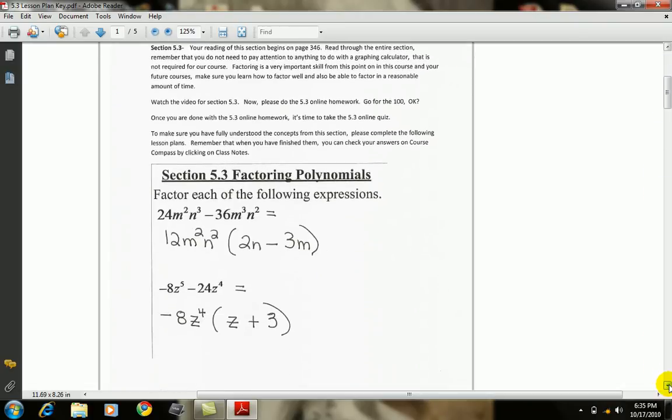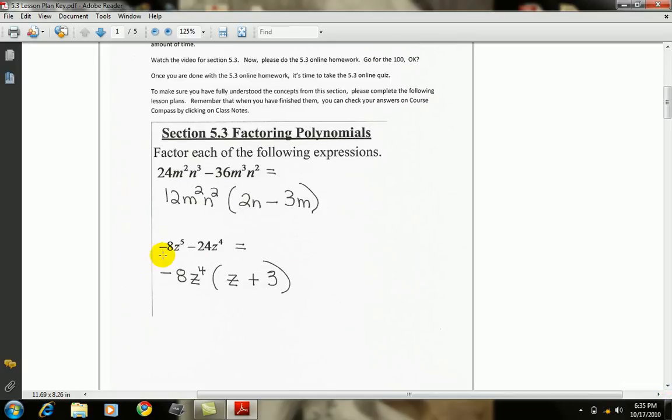There we go, slower. Okay, we have the opposite of 8z to the 5th minus 24z to the 4th. If I want to factor that, here's one rule of factoring you need to remember. If an expression starts with a negative, then your GCF has to start with a negative. Okay, one more time.